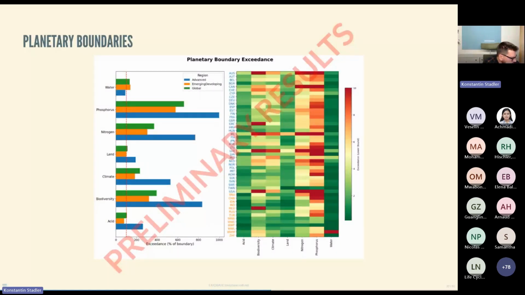And then we can also look into how this translates to each individual country. And yeah, even the color green actually would indicate already a surpass of the level of the planetary boundary. So this again, the figures from yesterday.